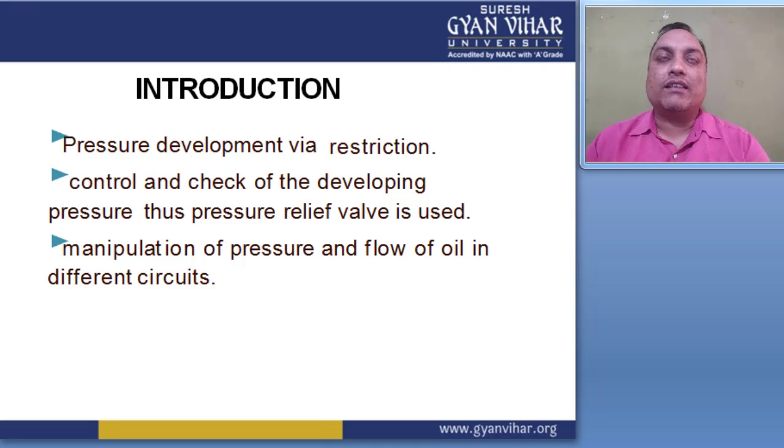At that time unnecessary pressure increases. You already know PV equals nRT. For this relation, if pressure increases, this is the ideal gas relation, and it applies to fluids also, here liquid as a fluid. Suppose this type of pressure valve is also used in a pneumatic circuit, where air is used as the fluid. So this is the ideal gas equation, PV equals nRT.